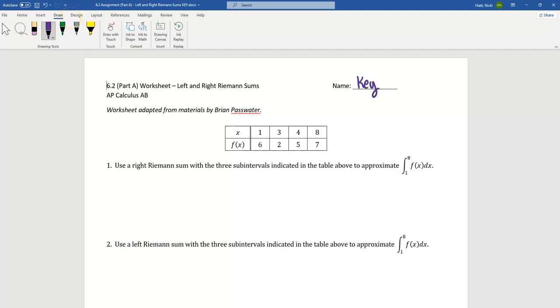Alright, so best practice for these problems is if they ask you to do a Riemann sum on the free response part of the test, it is best to write the integral from 1 to 8 of f of x dx and then use a squiggly equal sign for that. That's the best thing to do for these problems.